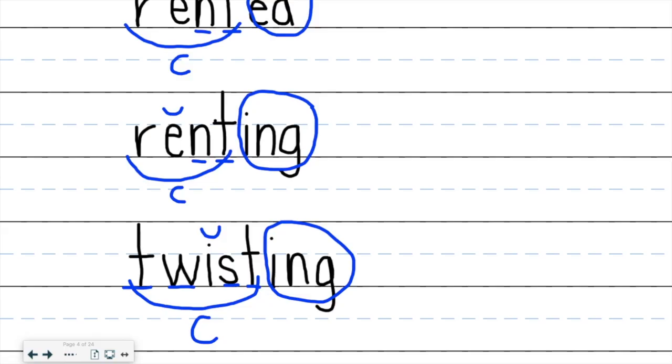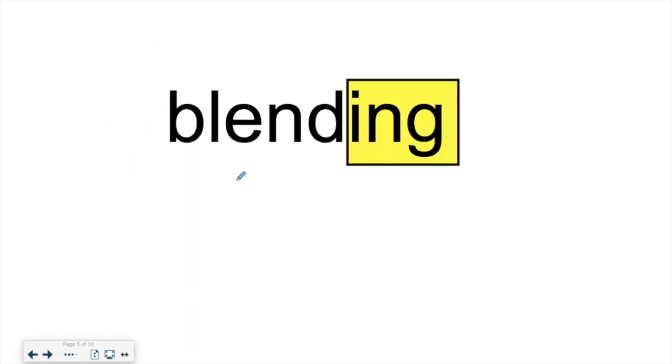Let's look at another word, and we're going to try to read this word, and then we're going to try to mark it up. Okay. So now I put a box around the suffix here, so you would see, okay, there's a suffix at the end. I'm not going to worry about reading that right now. I know it says ing because that's the ing ending. Let's read this part.